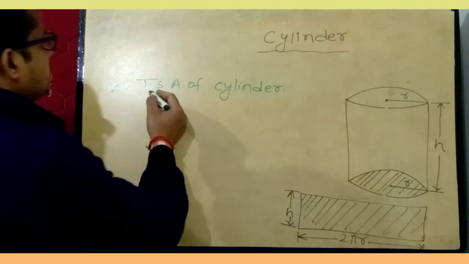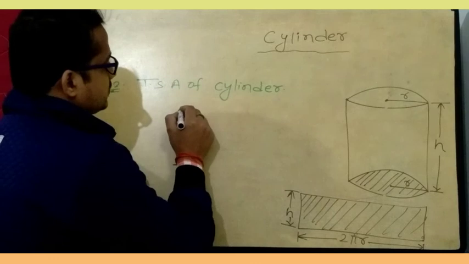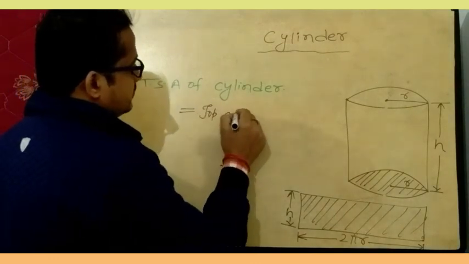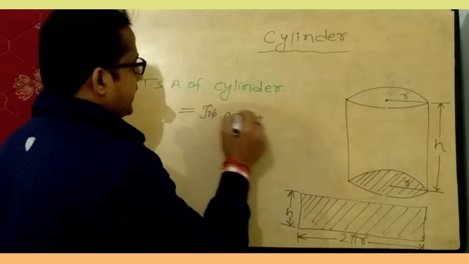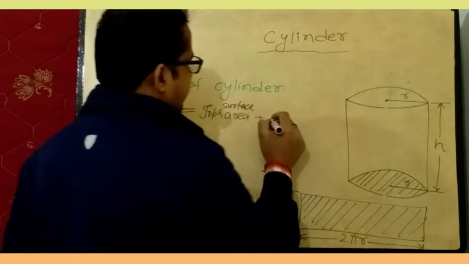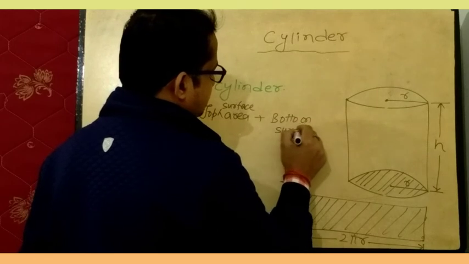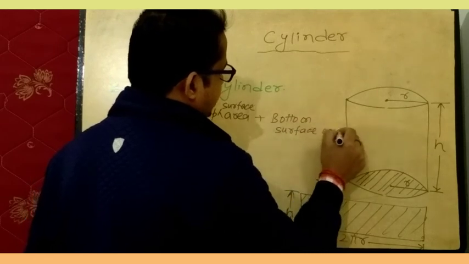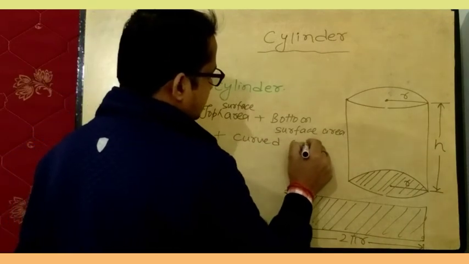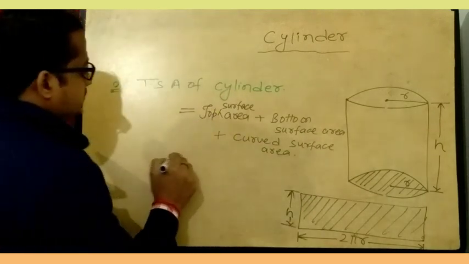So in order to calculate total surface area of cylinder, there are three surfaces: top surface area add up bottom surface area add up curved surface area.